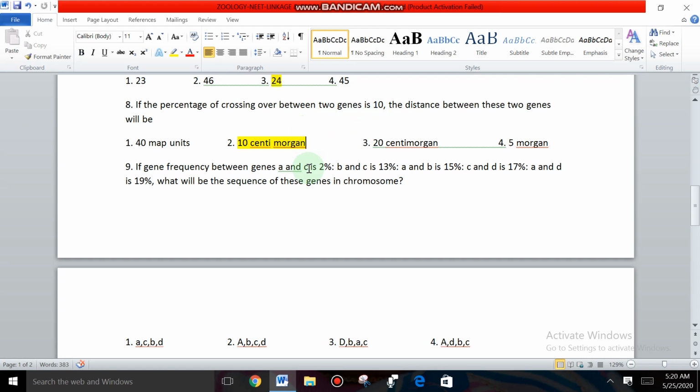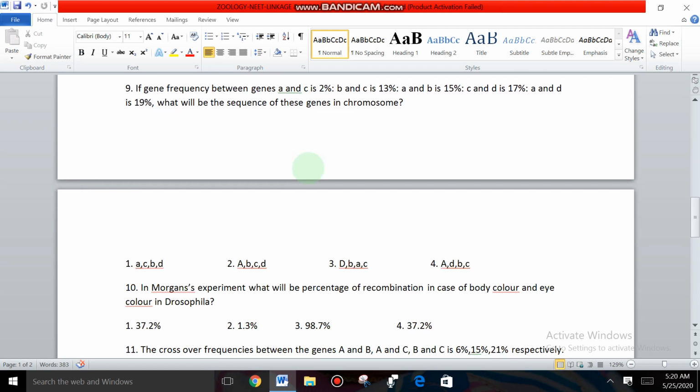Okay, right. Next question. If gene frequency between genes A and C is 2%, B and C is 13%, A and B is 15%, C and D is 17%, A and D is 19%. What will be the sequence of these genes in the chromosome? By the given data, you can find in what sequence the genes are arranged on the chromosome.